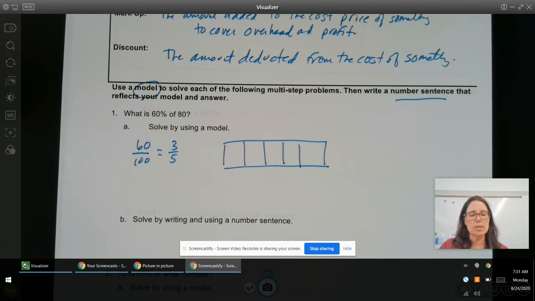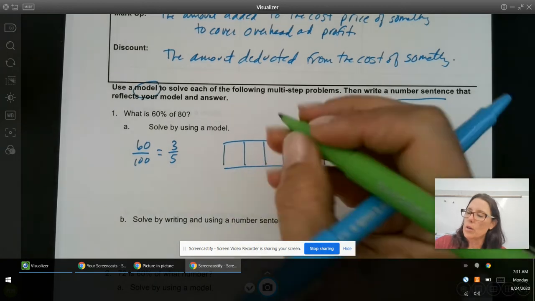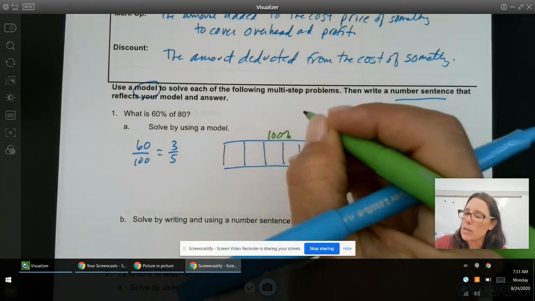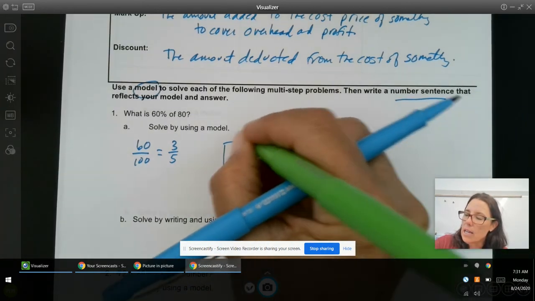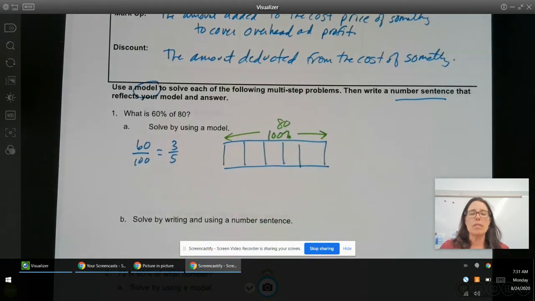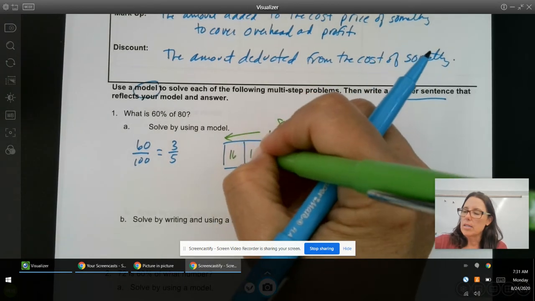What is 60% of 80? You should totally be in it now that you understand 60 is the percent, 80 is the whole, and we're looking for the part. Okay, so 100%, that's 80. Now we need to think about the magic number in the boxes. Okay, so let's take 80, divide it by 5. 16 is that magic number.